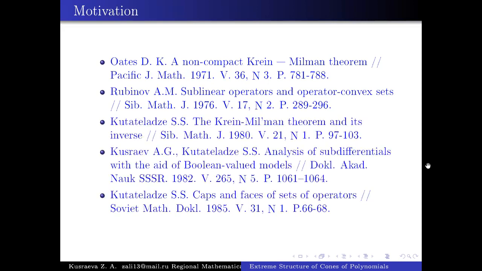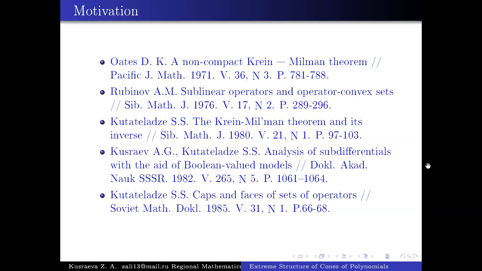I'll show some of them on the slide, and the following two directions were investigated in these works and others. First is the explicit description of extreme points of different convex sets of linear operators, and the second direction is Krein-Milman type theorems. And several results on these two directions are listed here on the slide.